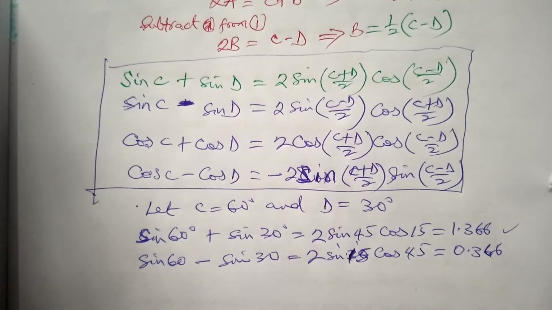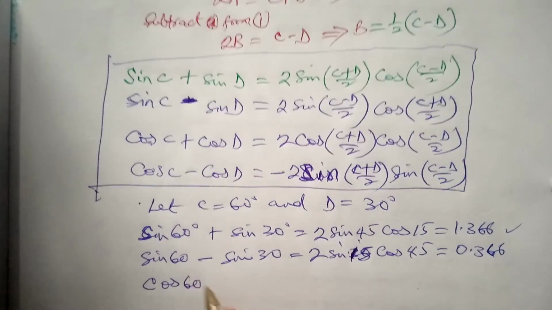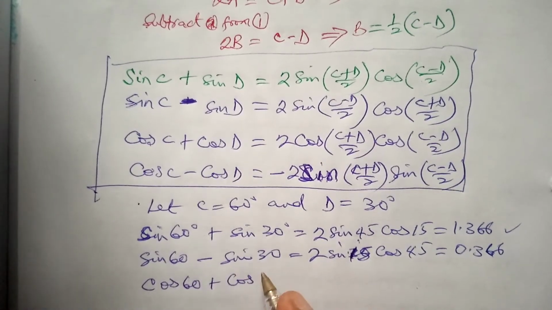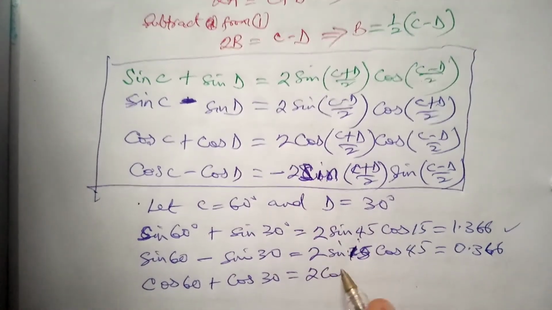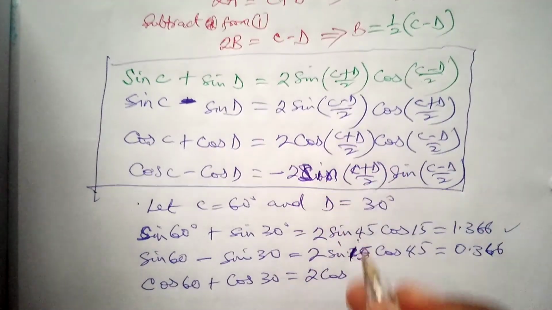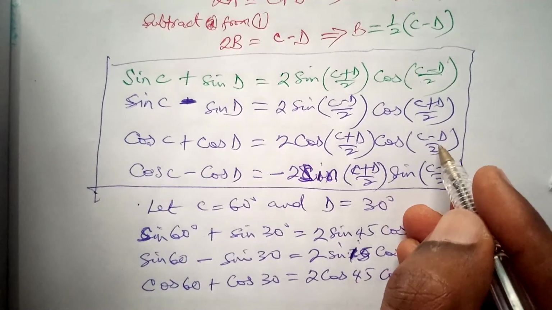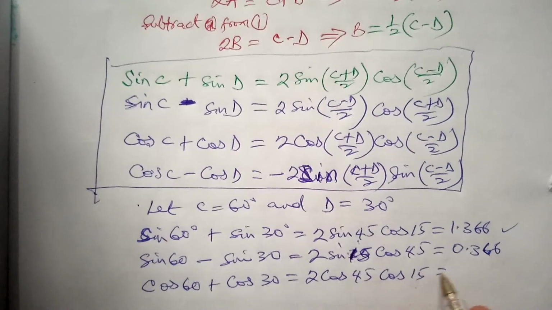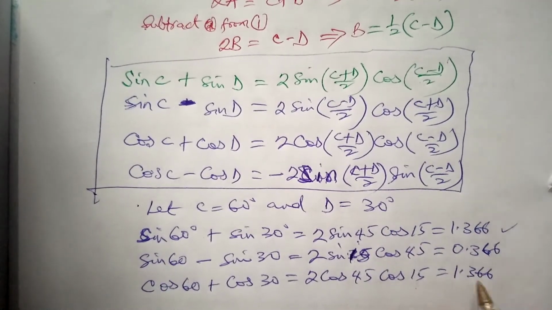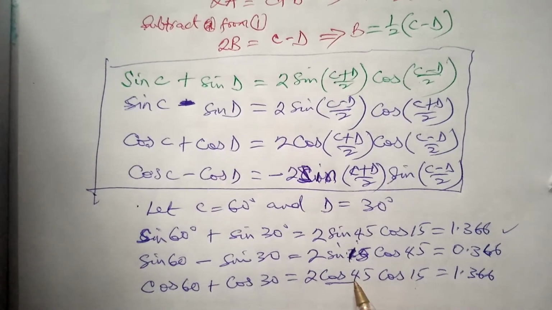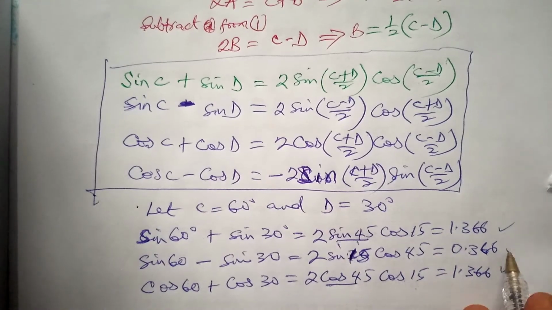Also, if we do cos 60 plus cos 30, we get 2 cos 45 cos 15, and that gives us 1.366. Of course, it's true because cos 45 is equal to sin 45, so we expect the same answer.